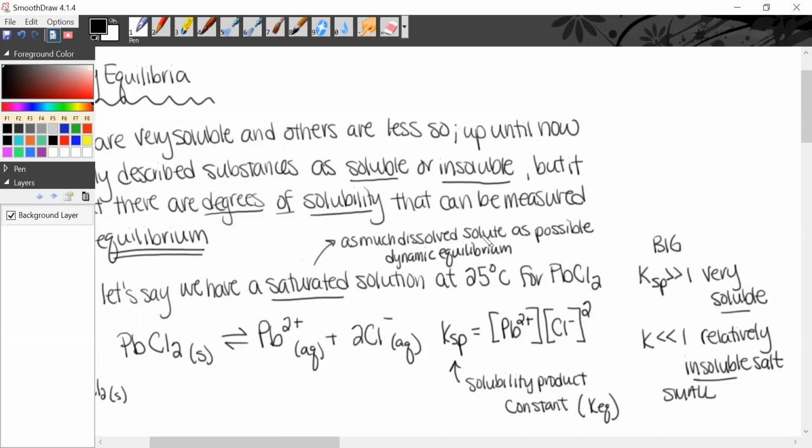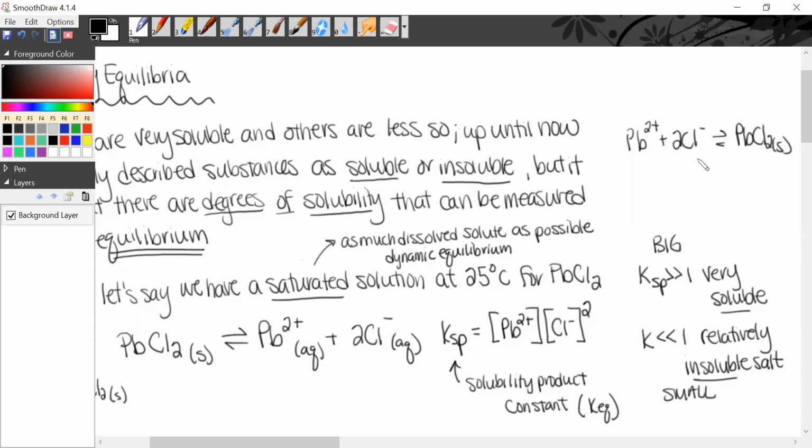No. Good question, Matthew. If I flipped this reaction, so Pb2+ and 2Cl- making PbCl2 solid, I would have to do 1 over.